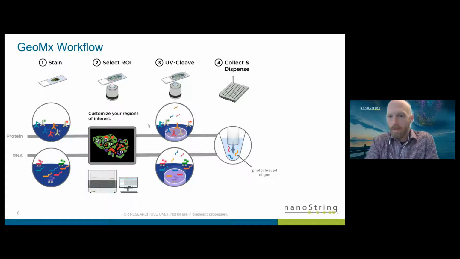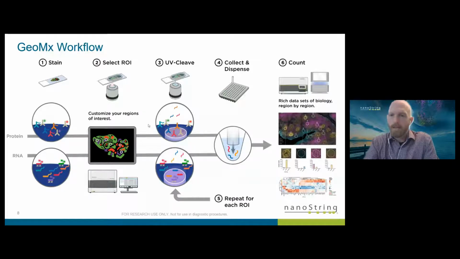So every single area that's been illuminated and cleaved gets put into an individual well in a 96 well collection plate. And then that's repeated for every single area that you've selected. So that process is repeated again and again for each area. And then it's read out on either an nCounter or an Illumina sequencer for our high-plex RNA and protein assays.